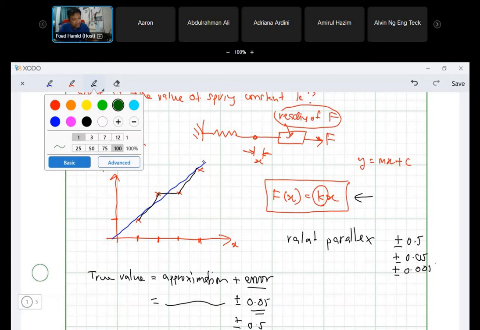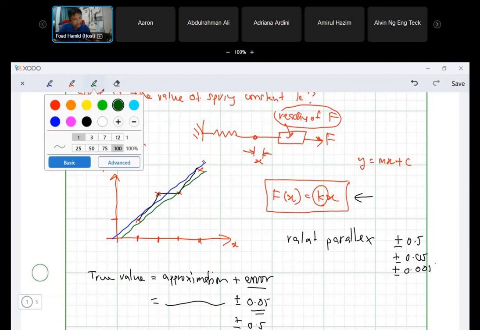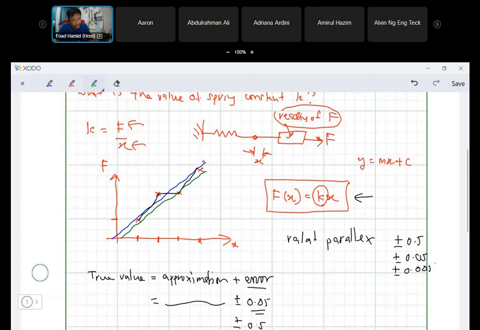Is it this one, or is it this one? It is still a straight line, but slightly off from the blue one. Or is it the light yellow, light green? Is it here?